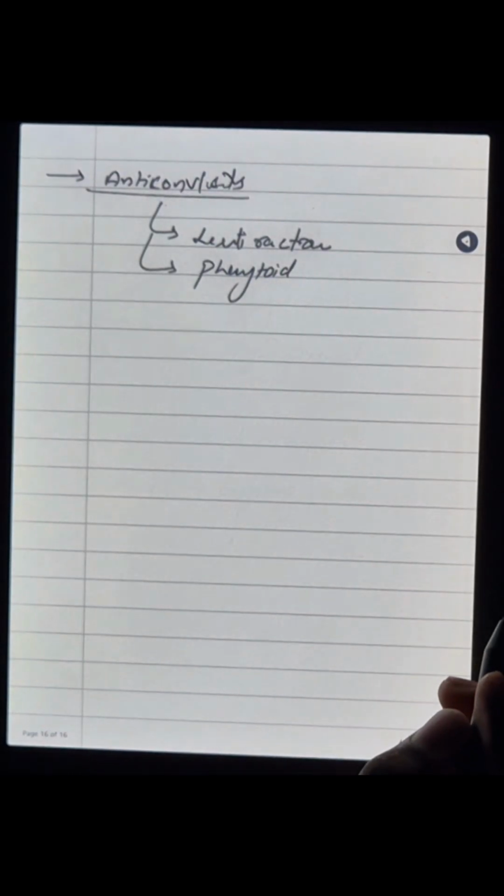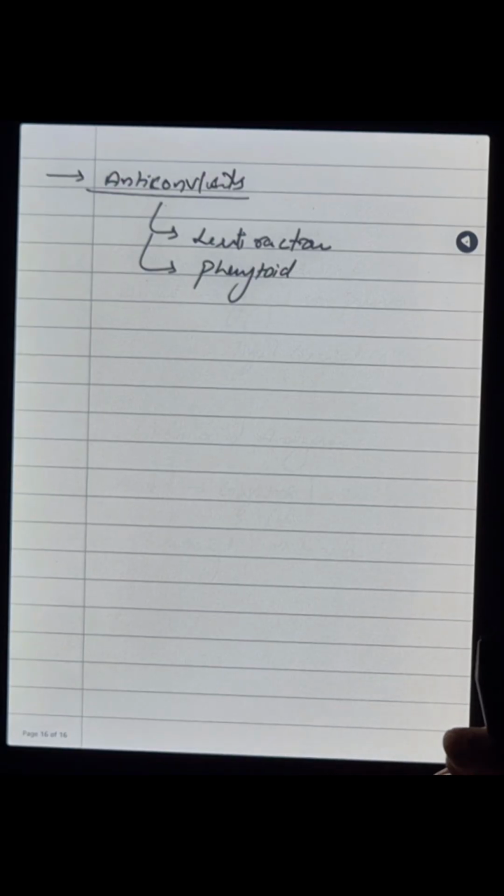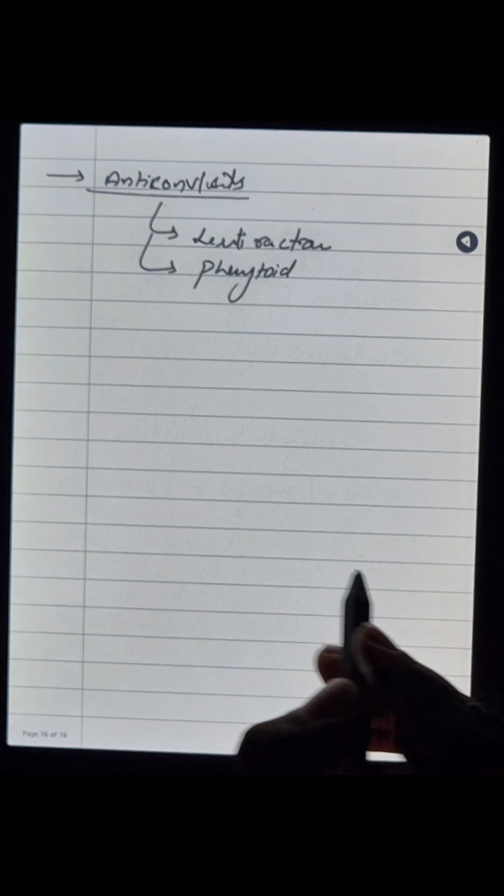So these were the supportive treatment for any patient with raised ICP.